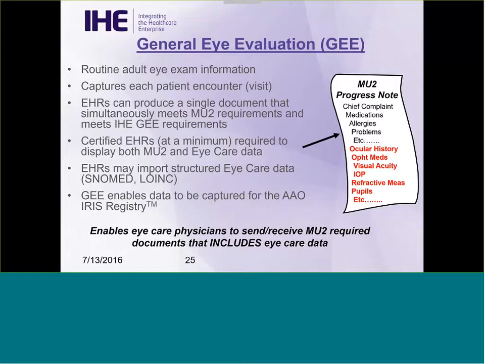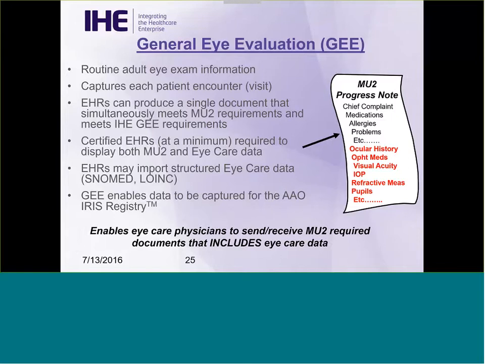Now, what we've done as part of the specification is our goal was to enable this document to support both MU2 and the IHE Eye Care data we need. So the point is that you can be MU2 compliant with this document, but include eye care. And so that's very important.